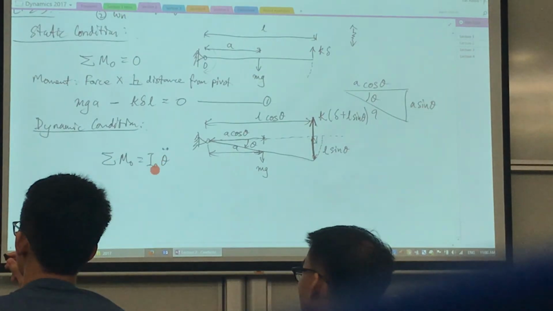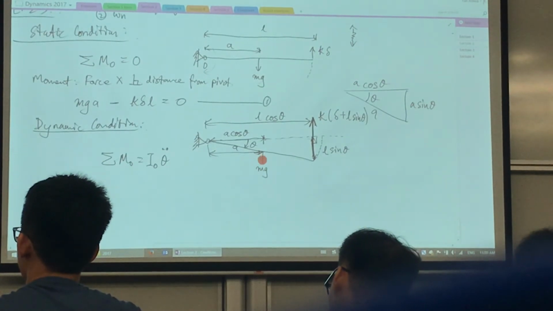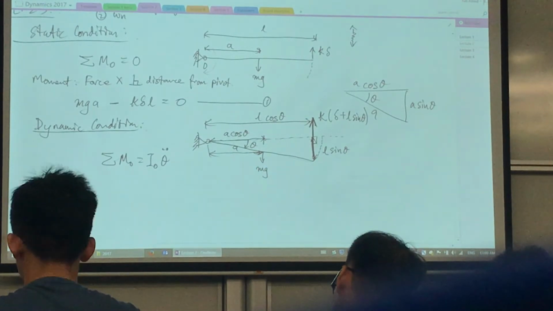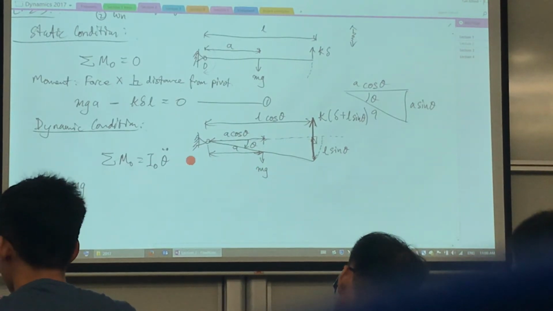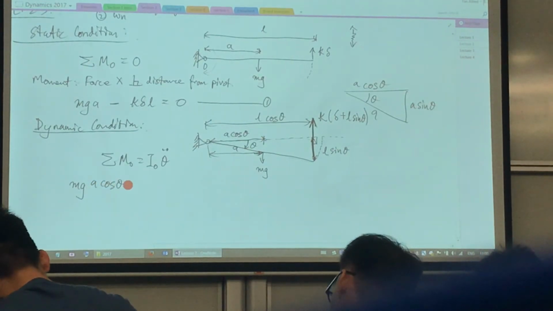So that I naught over there is the moment of inertia about point O. So let's sum up all the moments. You have the first one in the same clockwise direction as our convention: force mg multiplied by the perpendicular distance a cosine theta.